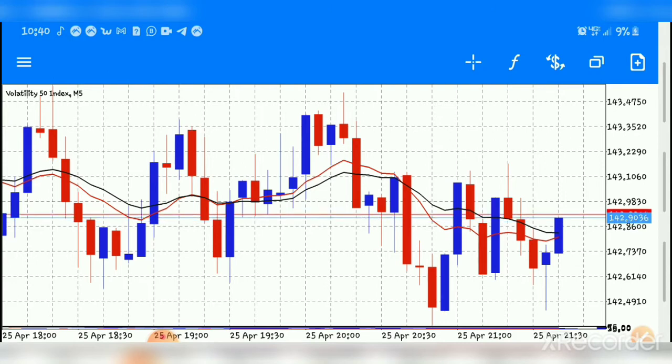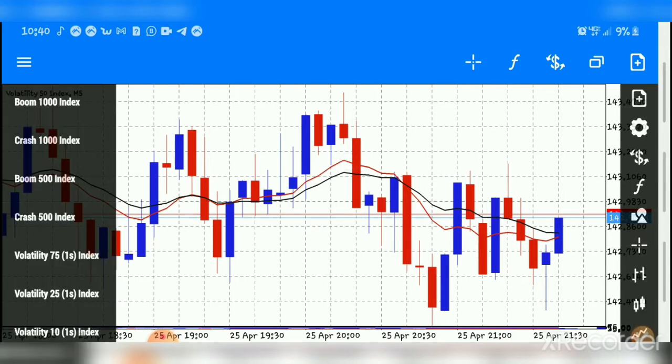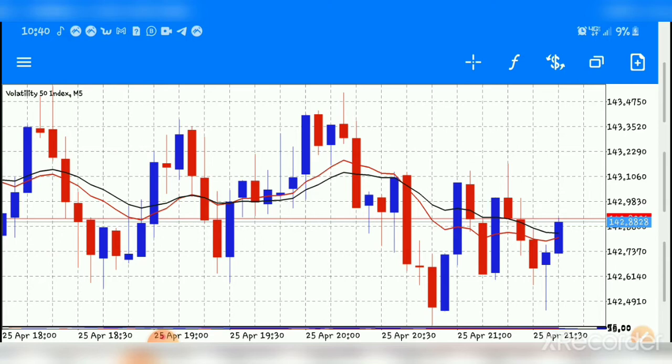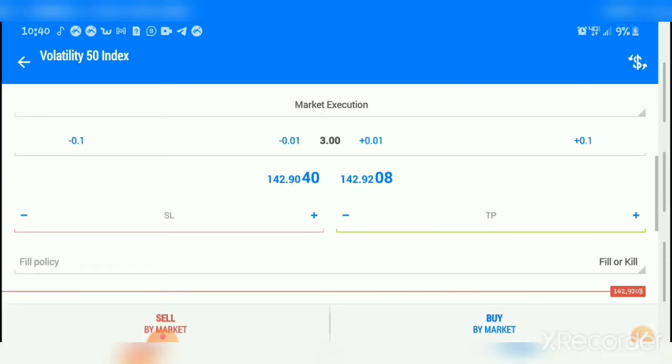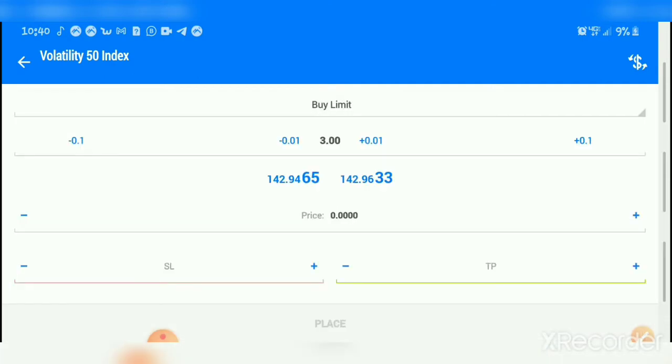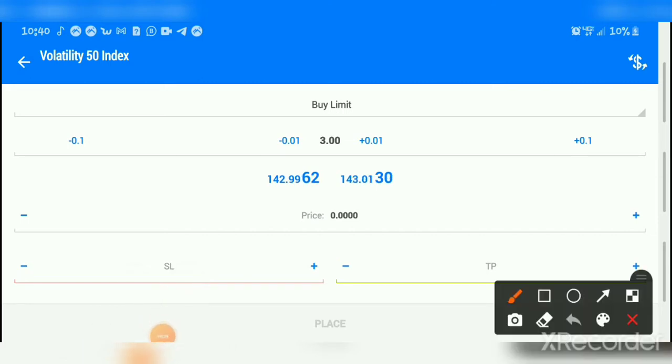To find out, you just go to your trade tab here. Let's say this volatility 50. You click on trade, then you come here and reduce it. The moment you keep clicking and it's no more changing the value, we have 3.0 here. Let me point at it so that you see it.